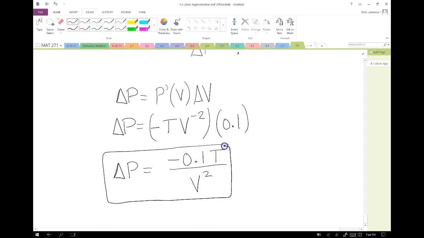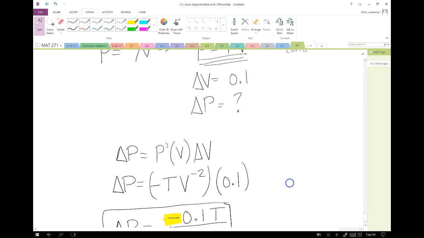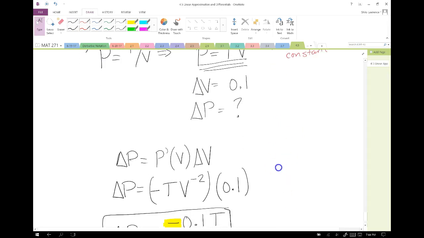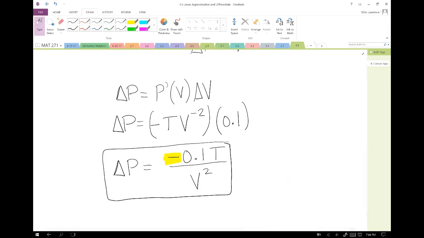This is the first question they asked us. Then they said, is it increasing or decreasing? Well, this time, delta P has a negative in the formula, which means as the volume went up, the pressure went down.